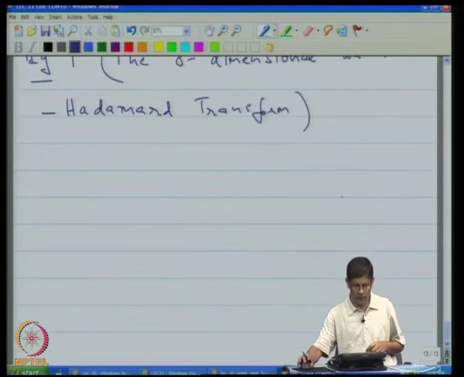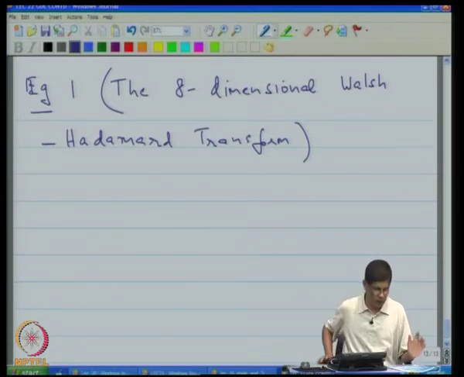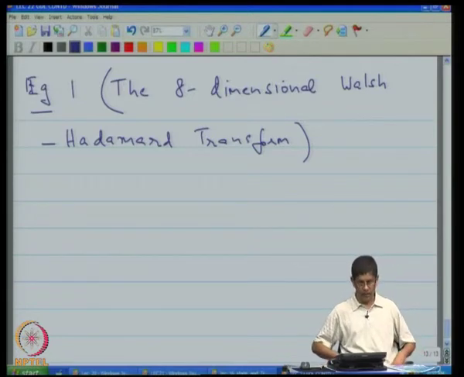Now, the Walsh-Hadamard transform is similar in nature to the discrete Fourier transform. It is a little bit different because a different set of functions are involved, but the Walsh functions do turn up in several settings.